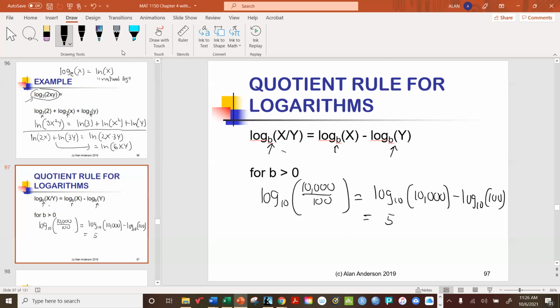All right. Now I've saved the best for last. The power rule. Now this one takes a little getting used to. If I have the log of x to the n, I can rewrite it very simply as n times log of x.